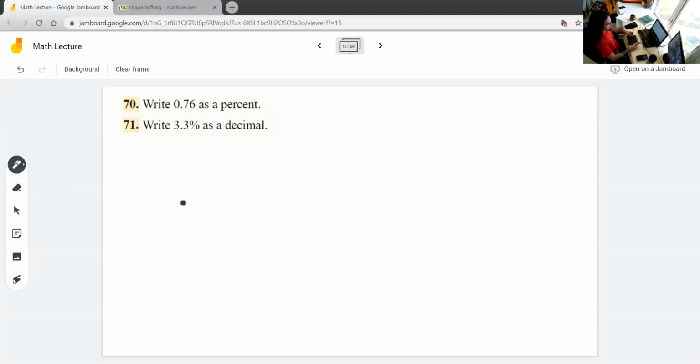Okay, your turn. Make sure you really get it. Do these 2 real quick, and then I'll do them on the board. So for the first one, I'm going into percent format.